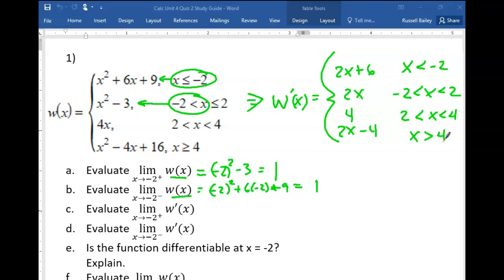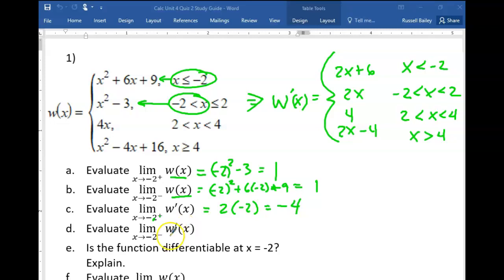All right, let's see what the limit from the right of -2 on our derivative equals. So if I'm approaching -2 from the right, I'm looking for values that are greater than -2, and so I would be using that piece. So the slope from the right of -2 is -4.